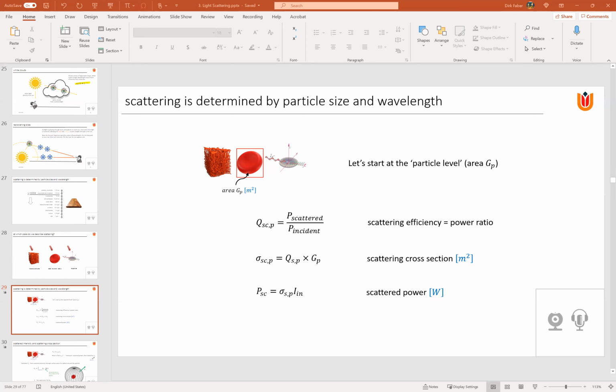So we have a particle where we can identify an area G again of the particle, the cross-sectional area. And we can simply use our equation that we have before. So the scattering efficiency is the ratio of the scattered power over the incident.